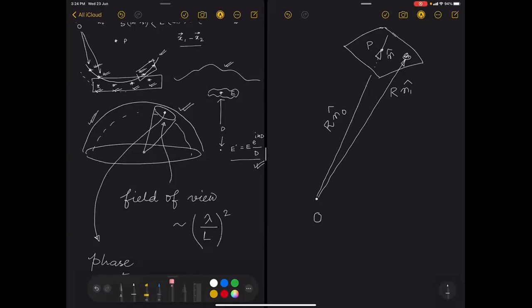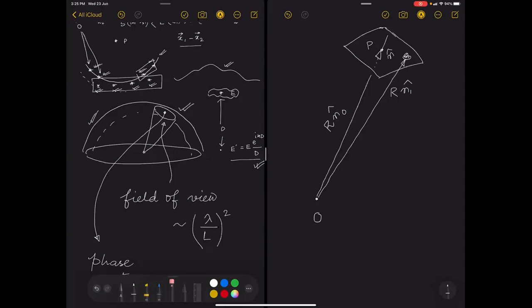Now, when I try to write down the coordinates of the antennas, the coordinates of the antennas are all lying on the surface of the Earth. And even for a 100-kilometer baseline, the surface of the Earth is more or less flat. We have to consider its curvature, but it's more or less flat. So if I want to write down the coordinates of the antennas, it's better to choose a Cartesian coordinate system.